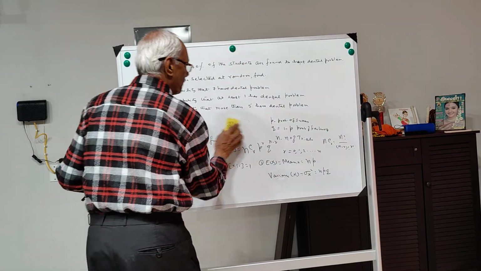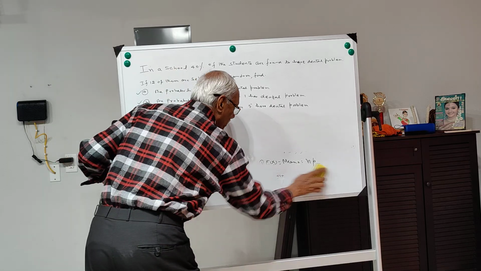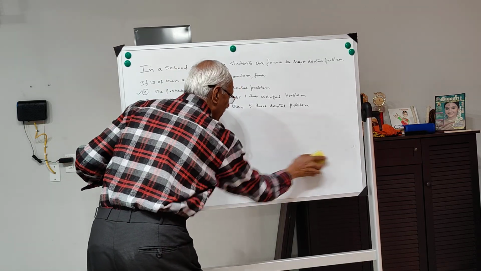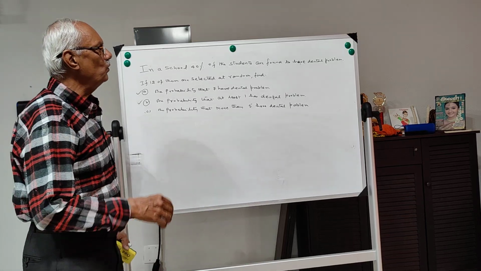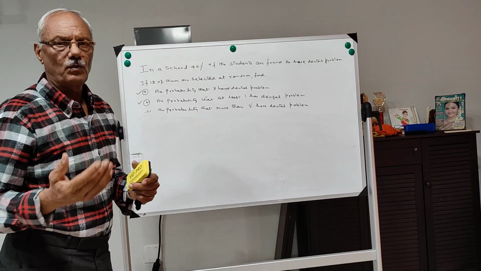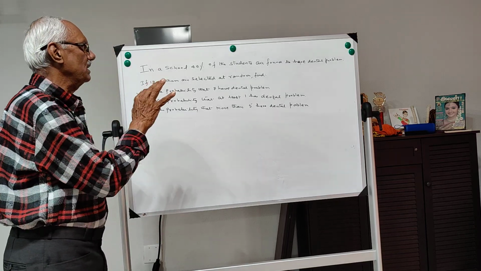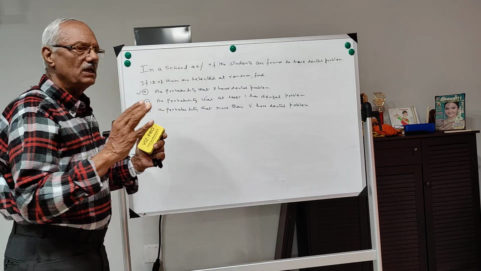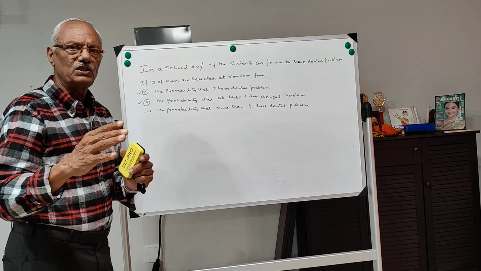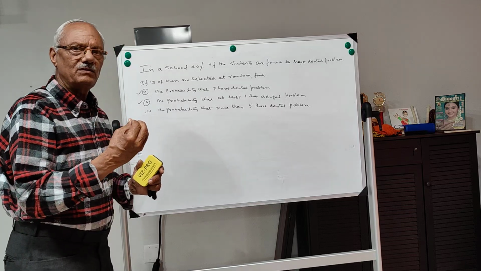Here I will read the problem, you just watch. In a school, 40% of students are found to have dental problem in the teeth. If 12 of them are selected at random, they want to examine the reality.